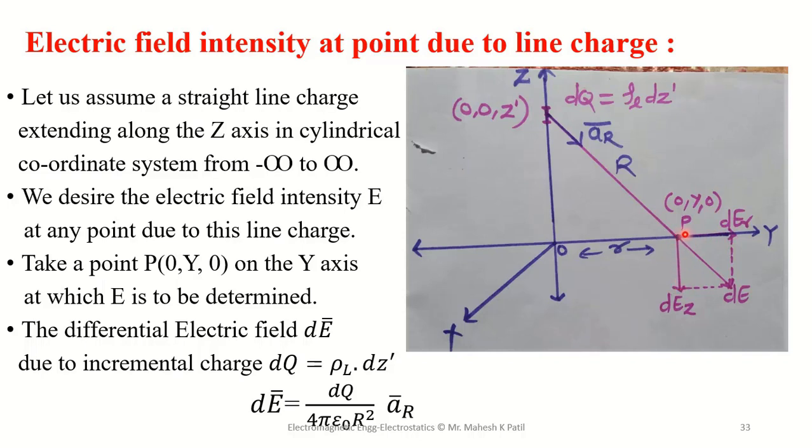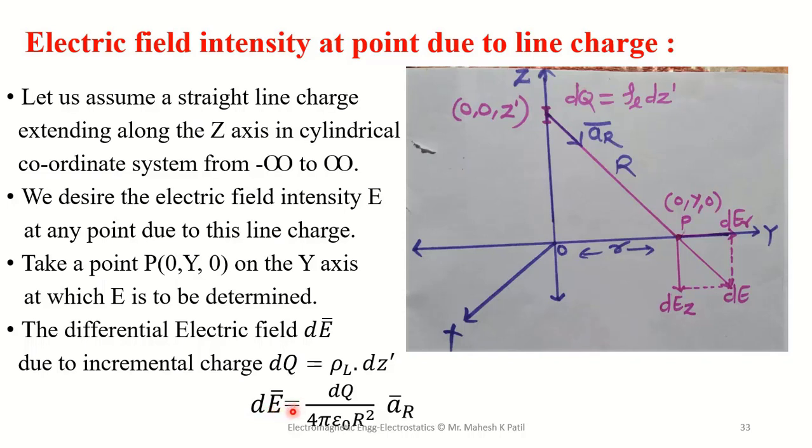In this way we can extend the components of electric field intensity at point P, and if we extend this electric field intensity from point P onwards, it will be dE. Due to point charge dq, there exists an electric field intensity. That electric field intensity is denoted by dE. So it is the elemental electric field intensity.